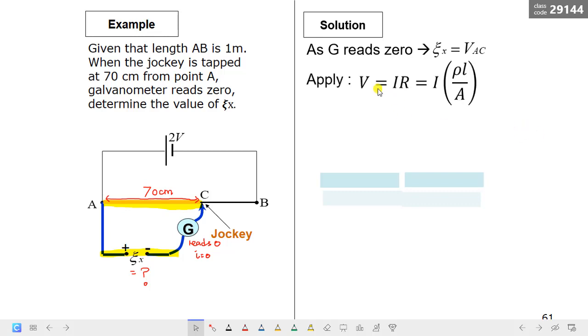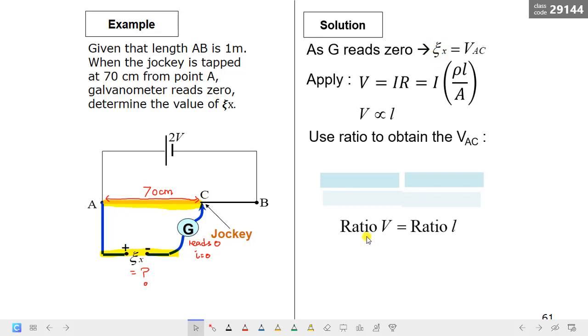Okay, so we can apply V equals IR, where R is rho L over A. So kita boleh tahu our voltage mesti proportional kepada length of the wire. So kita boleh gunakan ratio untuk dapatkan nilai VAC. Bila kita dapat nilai VAC, then kita understood lah, kita mesti akan dapat nilai EX.